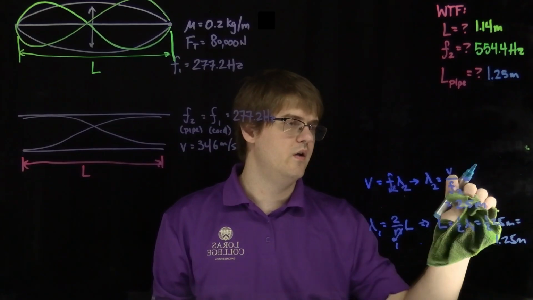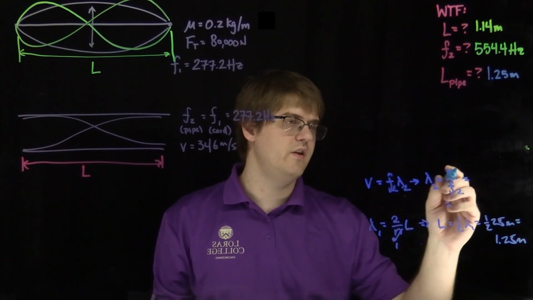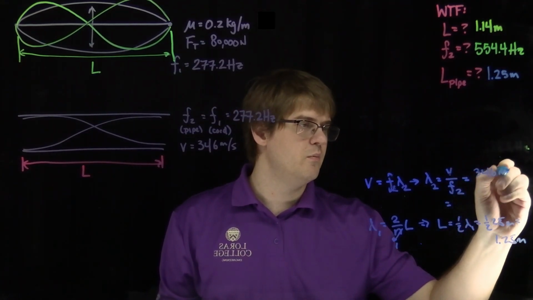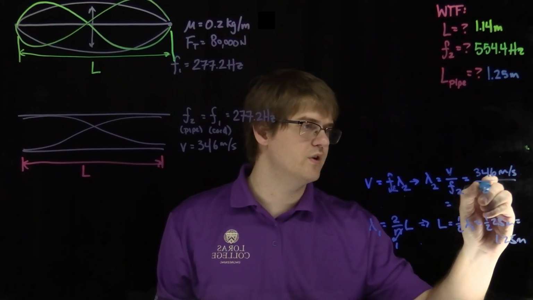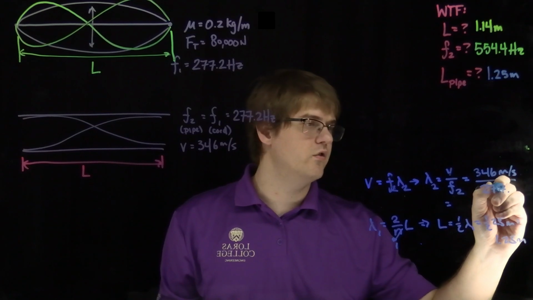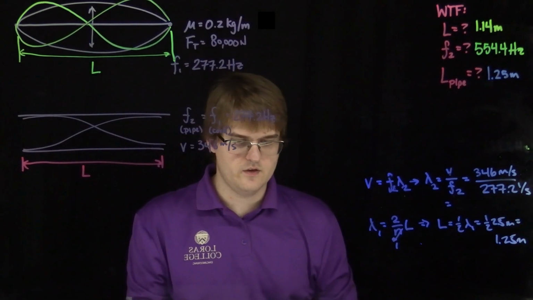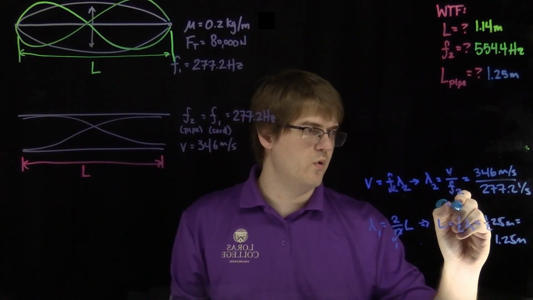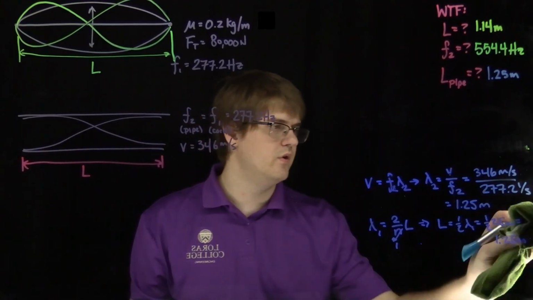I know my velocity is going to be equal to 346 meters per second. I know my frequency 2 is going to be equal to 277.2 hertz. That is going to give me a value of 1.25 meters for my lambda 2.